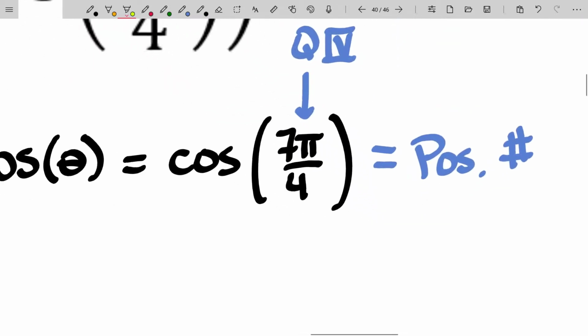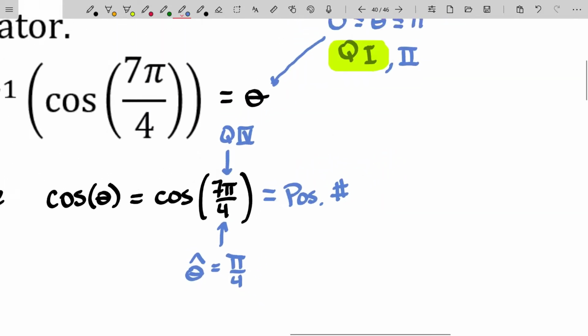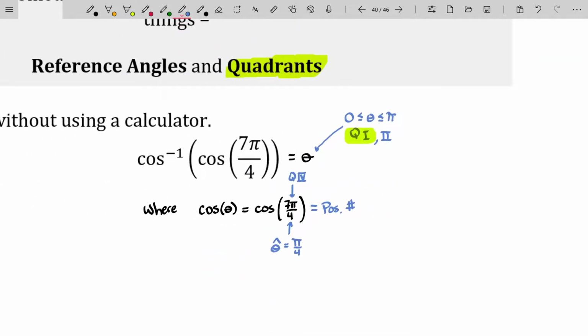Look at this angle, 7 pi over 4. What is the reference angle to 7 pi over 4? At this point, you should be pretty legitimately an expert at finding reference angles. This reference angle is going to be pi over 4. So a reference angle of pi over 4 in quadrant 1 means that our actual angle is pi over 4.